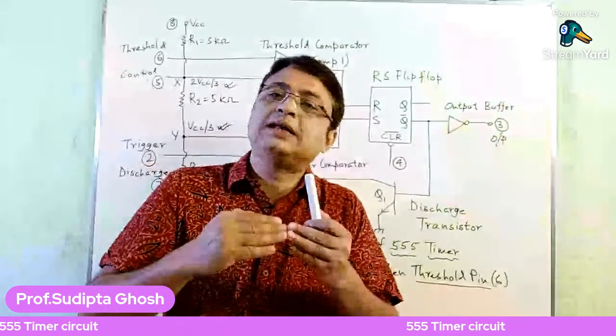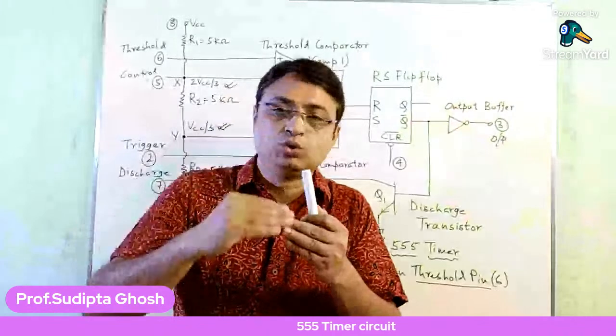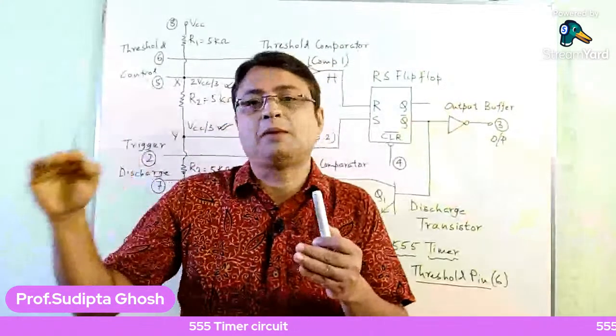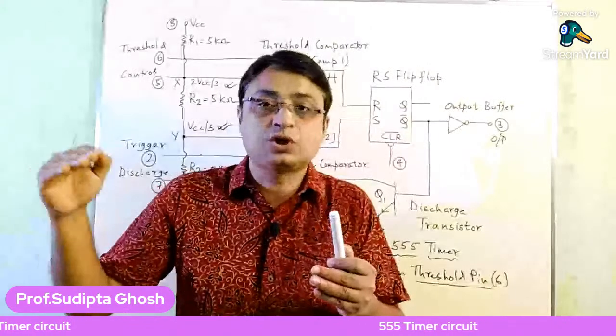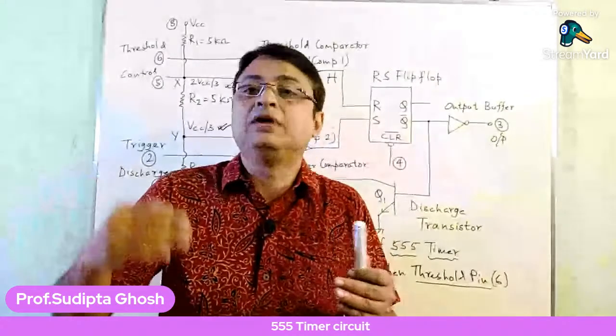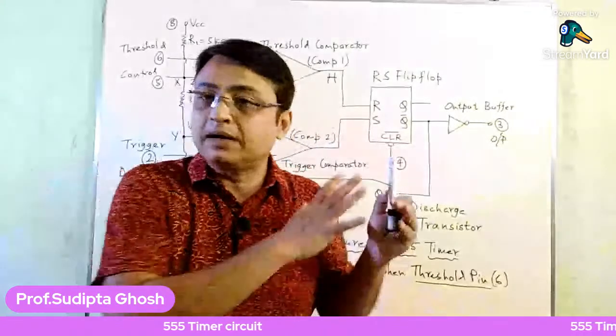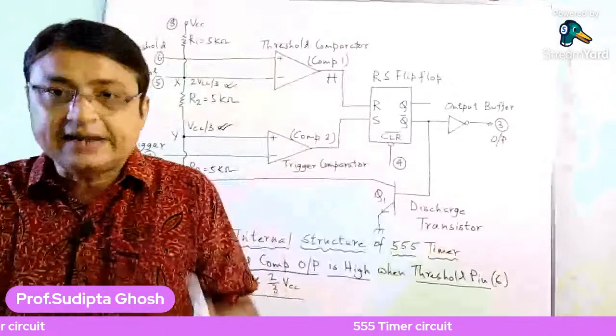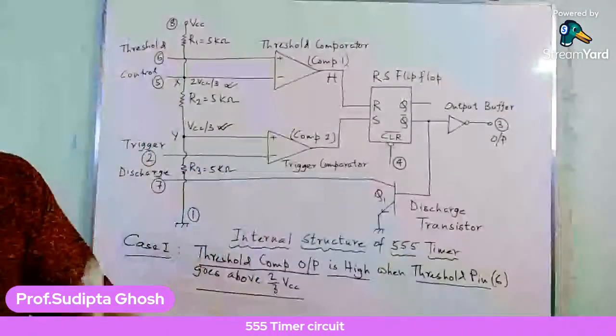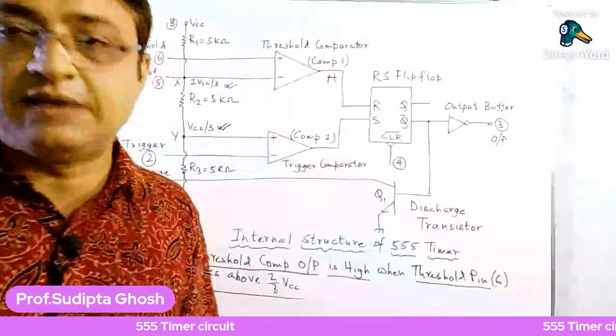So when the threshold input goes above 2/3 VCC, the threshold comparator goes high. Now what happens if the threshold comparator output goes high? I will go on to explain this, but if you have any problem understanding the statement of this case, please mention here, or otherwise give me a thumbs up.